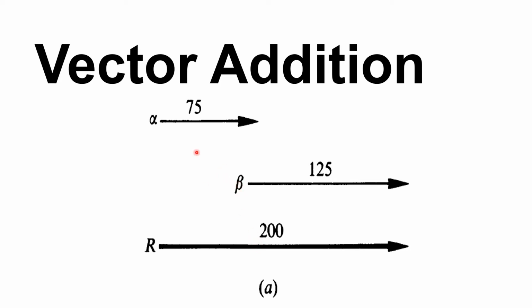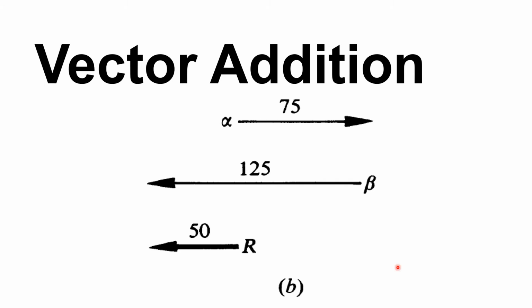In this example, vector alpha has a magnitude of 75 and a direction of east, and vector beta has a magnitude of 125 and a direction of east. So their resultant is 75 plus 125, which produces a resultant vector R with a magnitude of 200 and a direction of east.